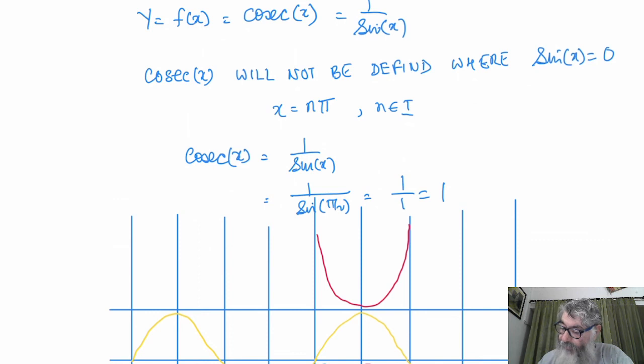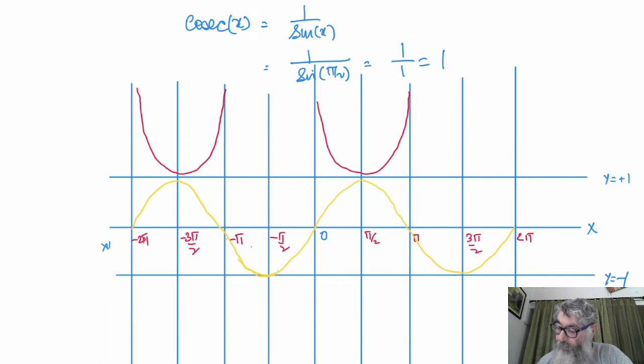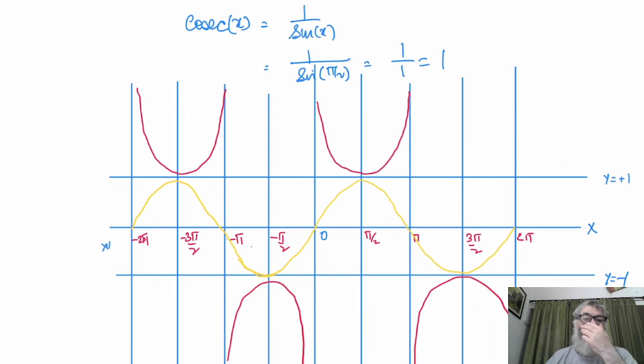It will not be defined between minus 2 pi and minus pi, and minus pi to 0. Similarly, pi to 2 pi. Is that clear?